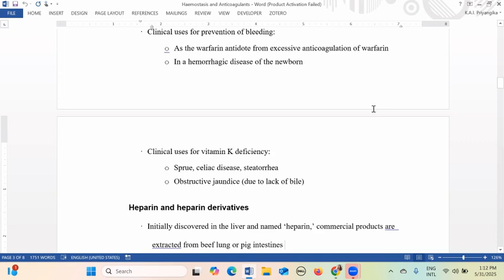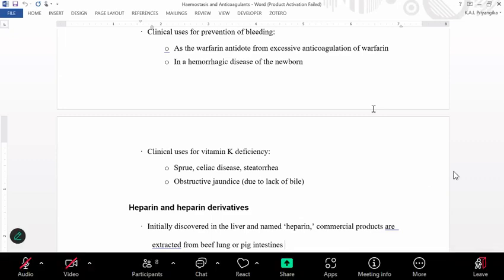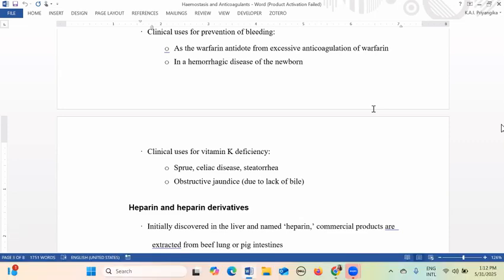Vitamin K, we can take it in two forms. What is the first one? Dietary, natural vitamin K. And the second one?